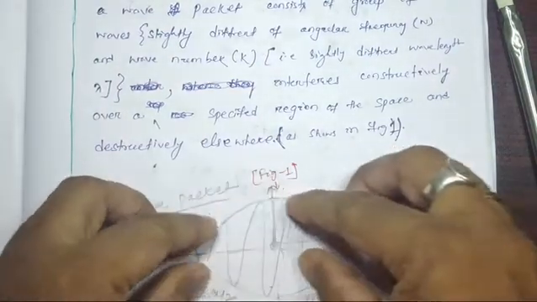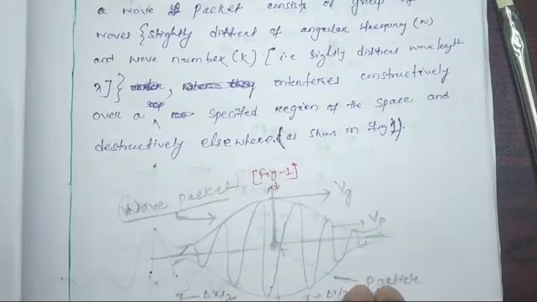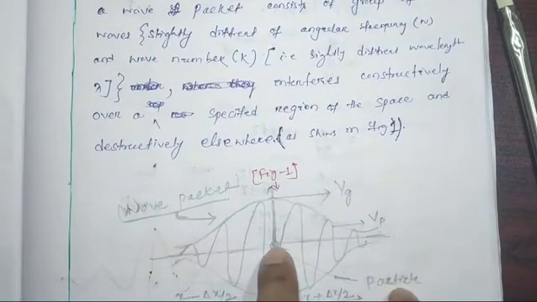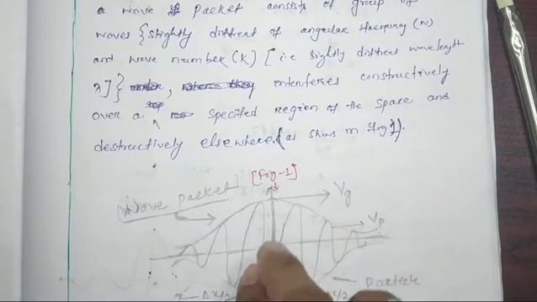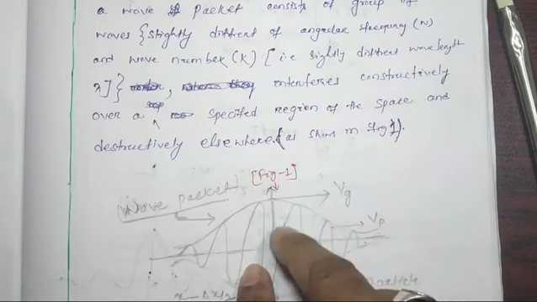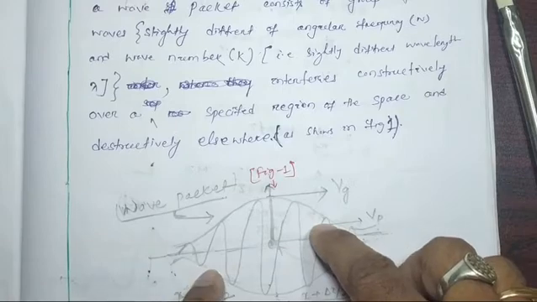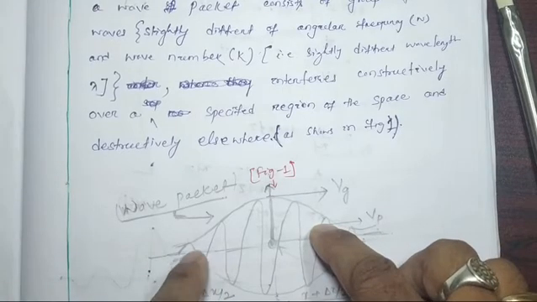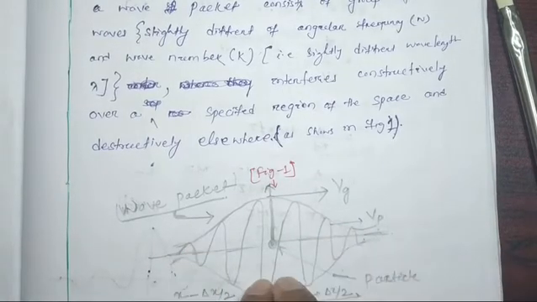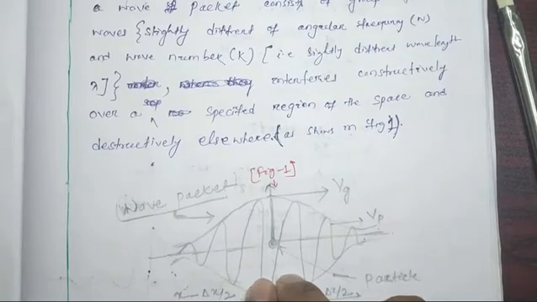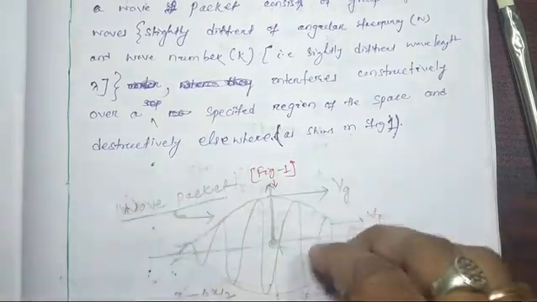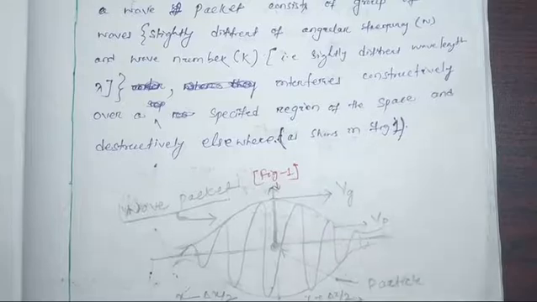This whole thing will be the particle. Here I have written that the particle is here, meaning the most probable finding of the particle will be at the center. But at this point also the particle has some probability of being found, and here also. So this total region will be called the so-called particle.